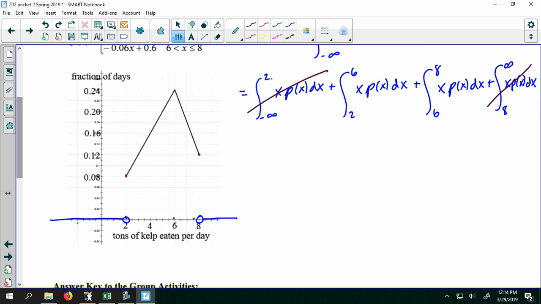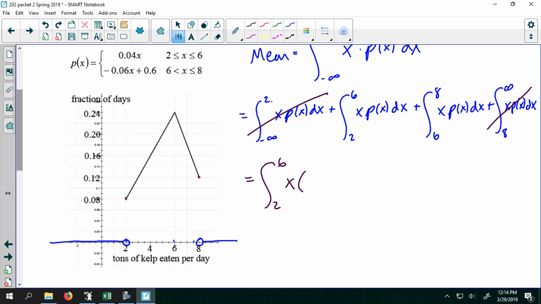And then the integral from 2 to 6, that's going to be the integral from 2 to 6 of x times p of x. Its formula is 0.04x dx. And then the integral from 6 to 8 of x times p of x. Its formula from 6 to 8 is negative 0.06x plus 0.6 dx.